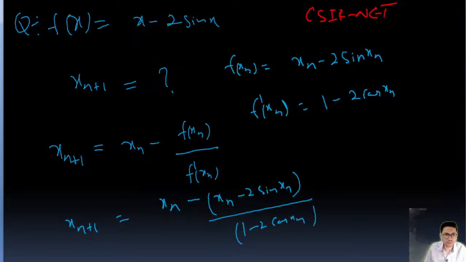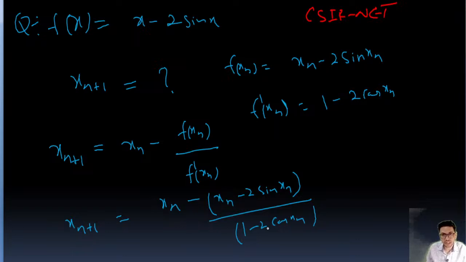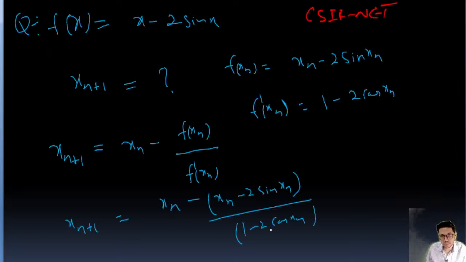Now we'll solve it. So x_{n+1} is going to be, we'll multiply this, so this is going to be x_n minus 2 cos x_n into x_n, right? This is, we have taken LCM, okay?